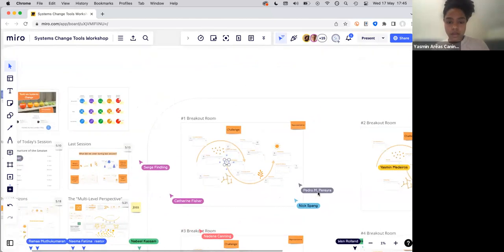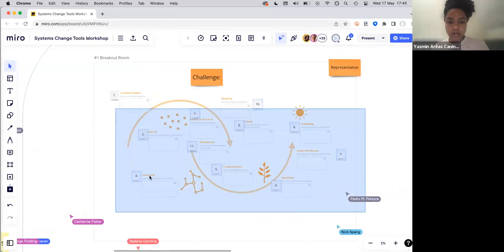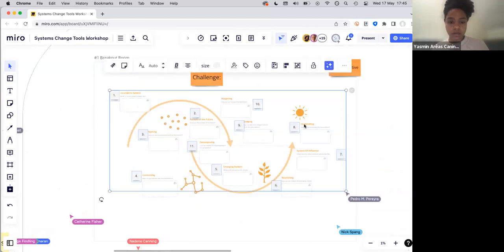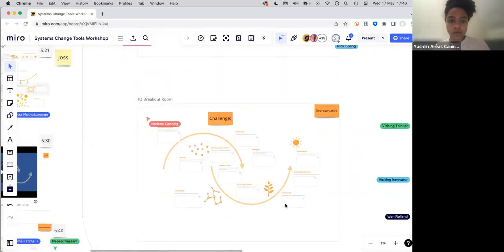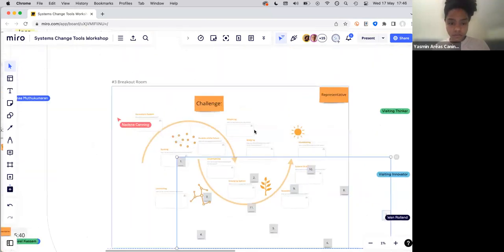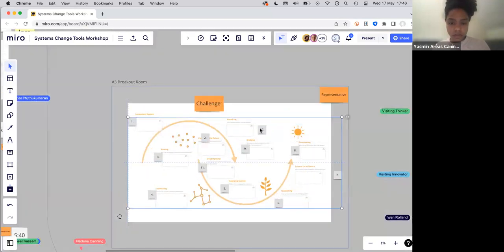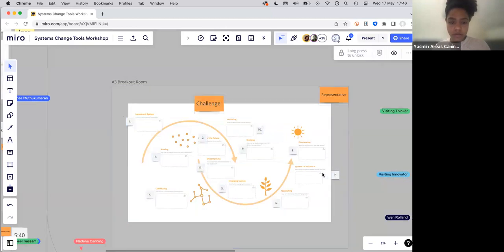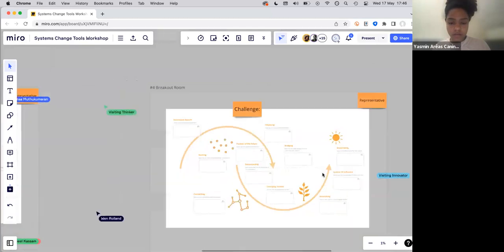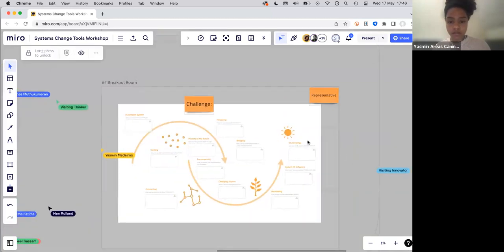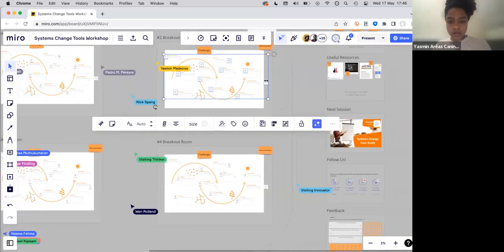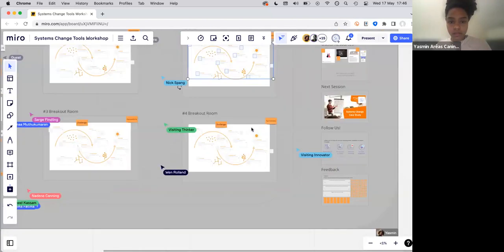So I can create possibly 6 breakout rooms or add 2 more. So we can have everyone joining. Great. And just duplicate these 2.